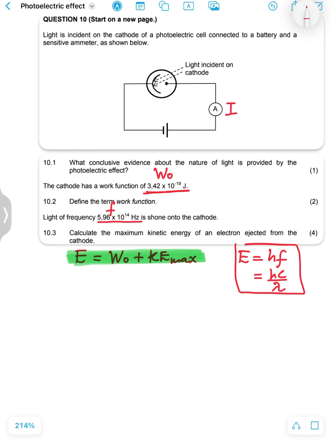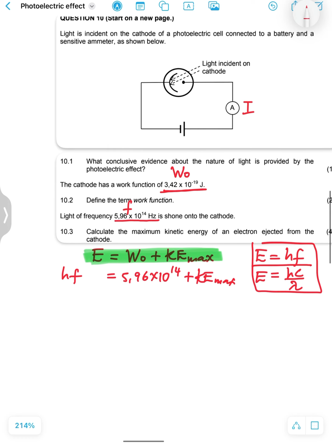Any of these formulas will work. In this case, we are given frequency, so we're going to use the top one: energy of light is Planck's constant multiplied by frequency. So E is equal to hf, and then the frequency is given as 5.96 times 10 to the power of 14, and then plus the maximum kinetic energy.